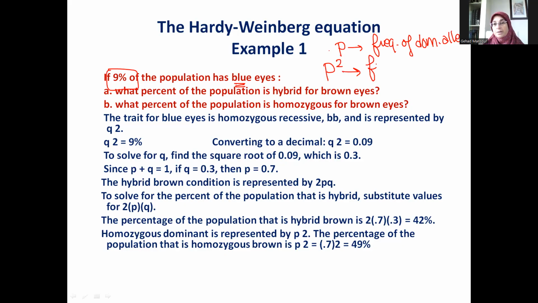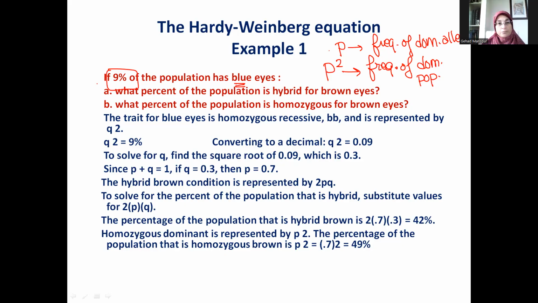So P squared is the frequency of the dominant population. I mean the individuals that are homozygous for the dominant allele. So again, this is extremely important. So I have to translate the words of the word problem into one of these formulae.